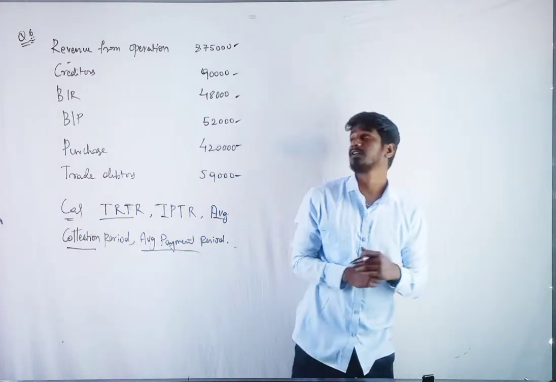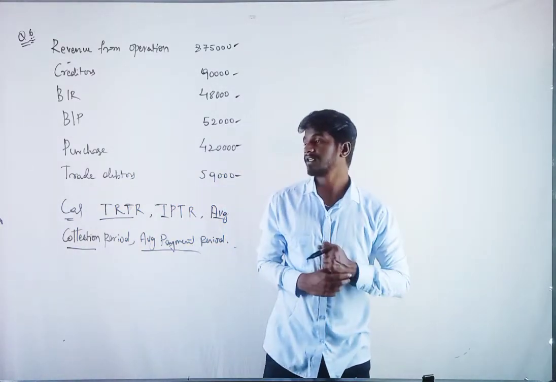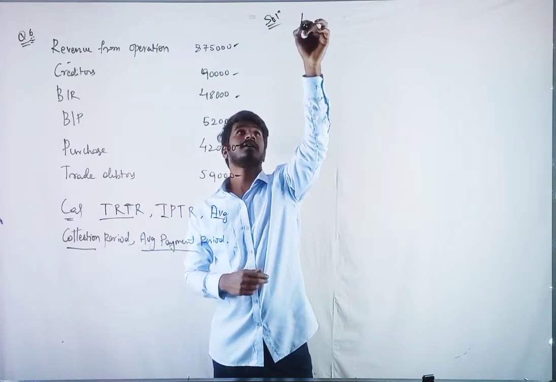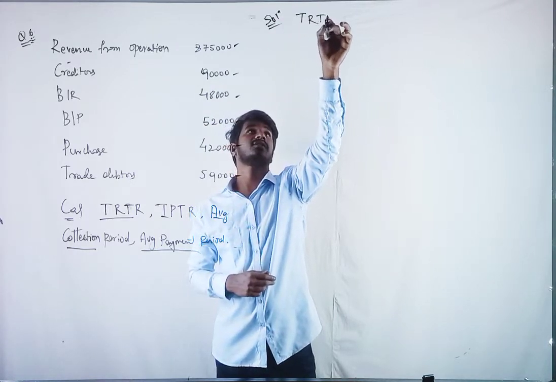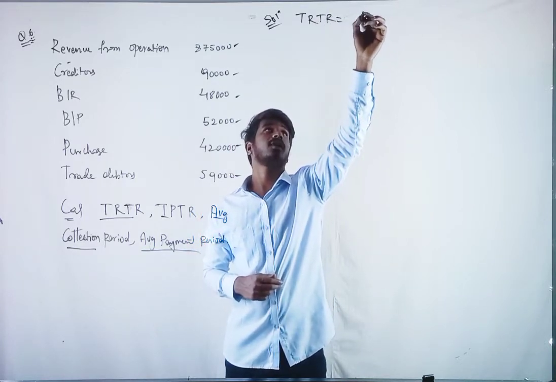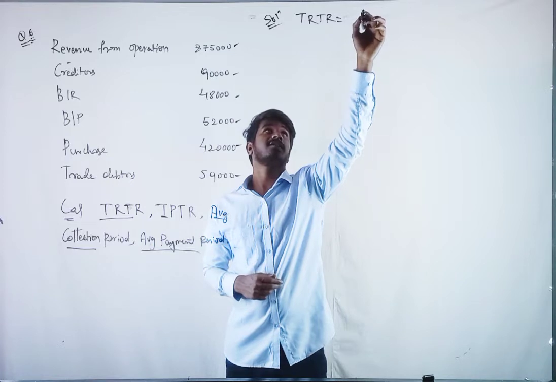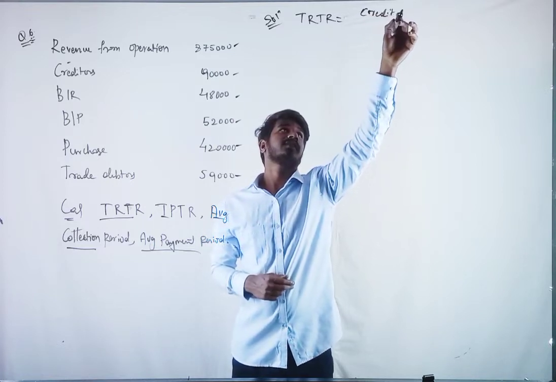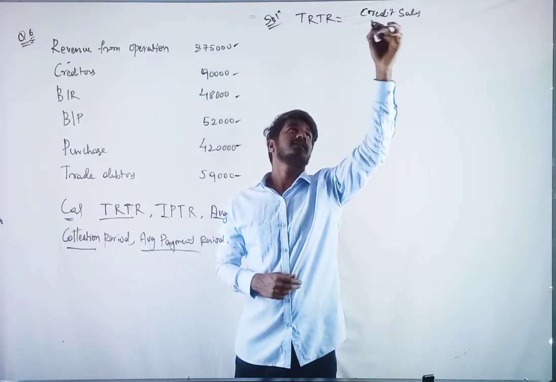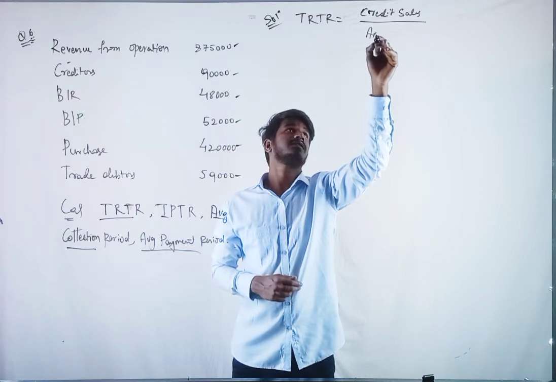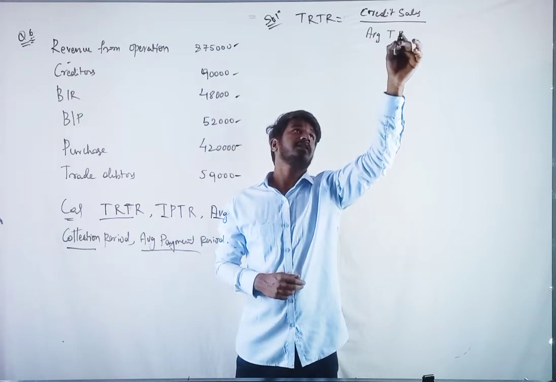Let us calculate these things. First, trade receivable turnover ratio. What is the formula? Trade receivable turnover ratio is equal to credit sales divided by average trade receivable.